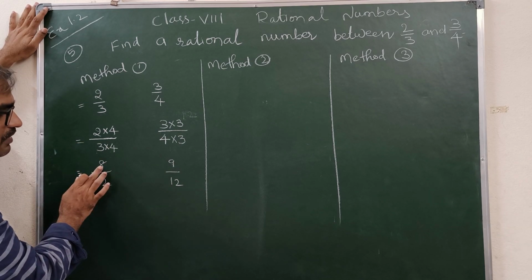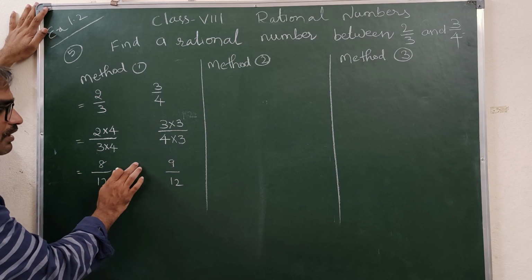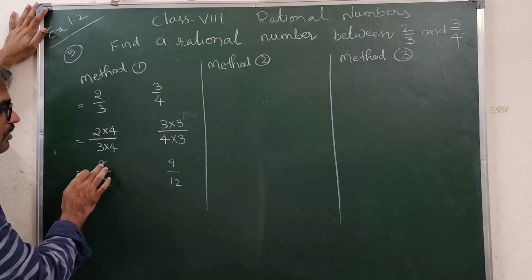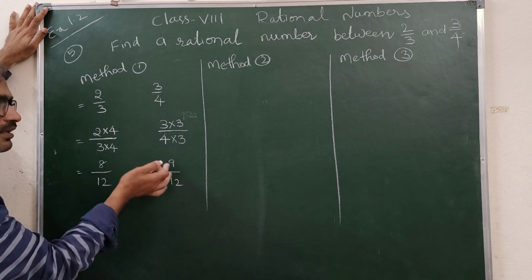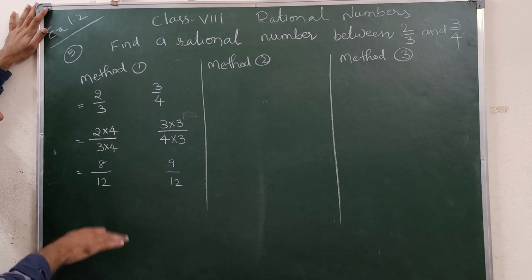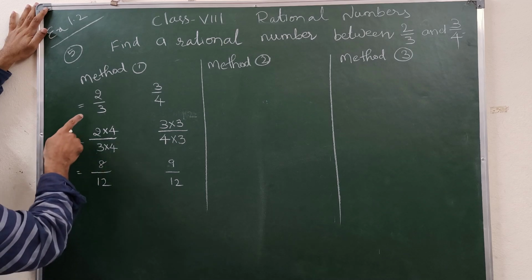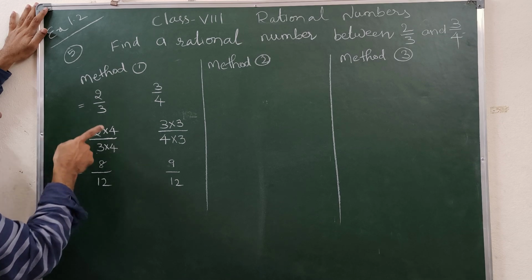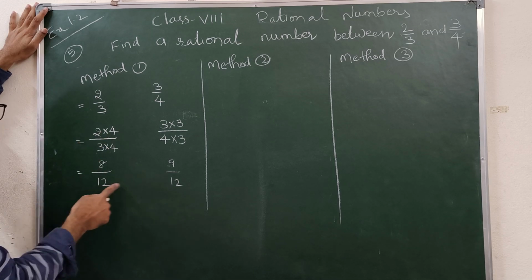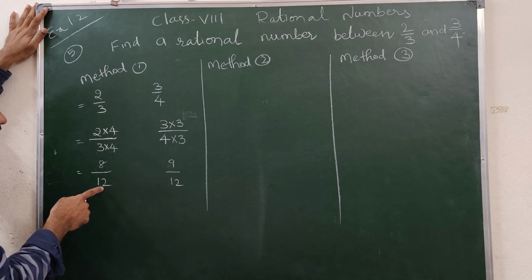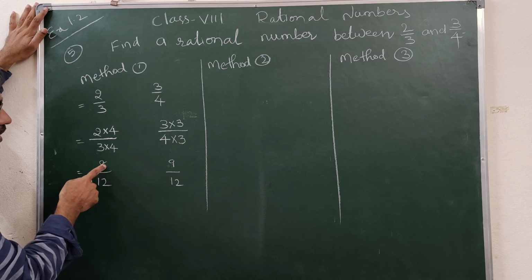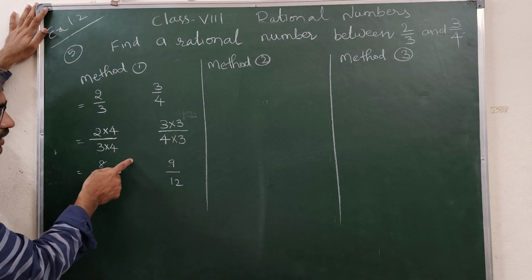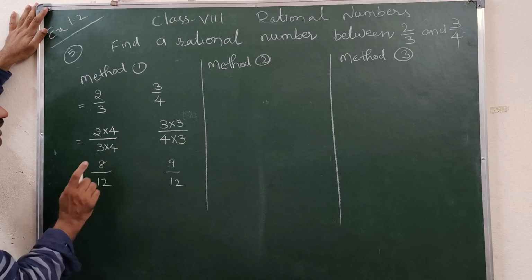If I got 7 or 9, I would write it, so 8 by 12 I have written. But between 8 and 9 there is no integer. What I did here, the given number is 2 by 3. I have written equivalent fraction with denominator 12. Here denominators I have equalized, but numerators are 8 and 9. Between 8 and 9 there is no integer. So I cannot write now.